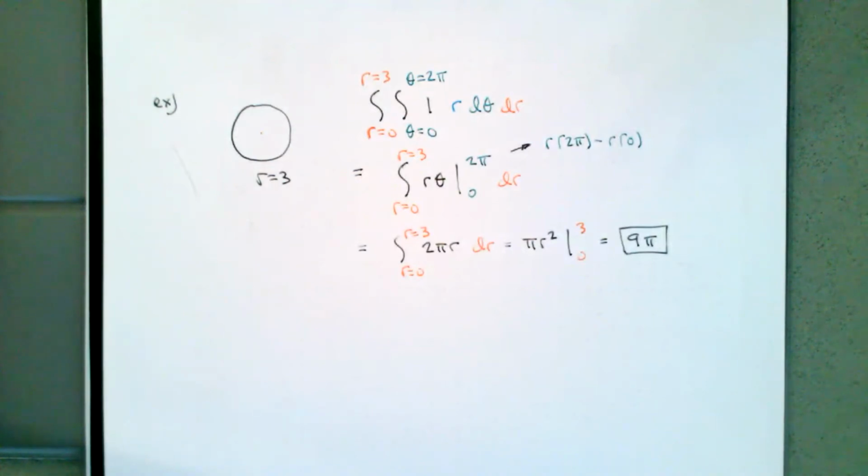Any questions? One of the things we want to think about with polar coordinates is that setting up things in polar coordinates is just another tool in our mathematical toolbox, and it's better to have more tools than to have fewer tools.